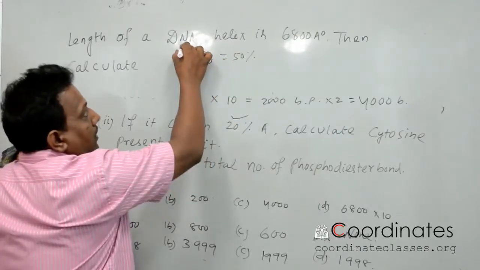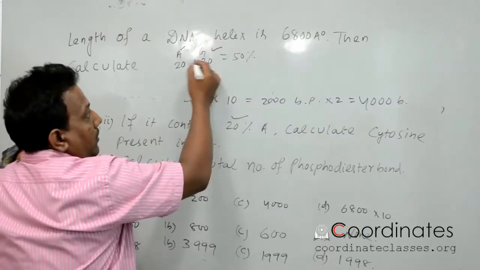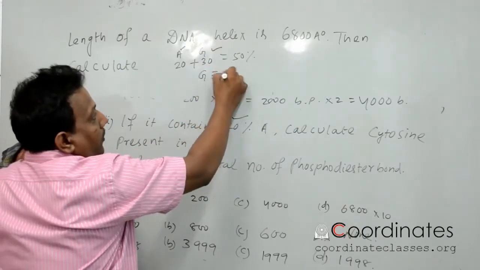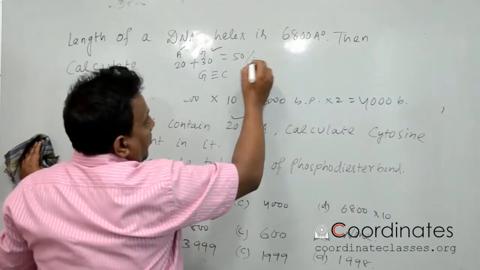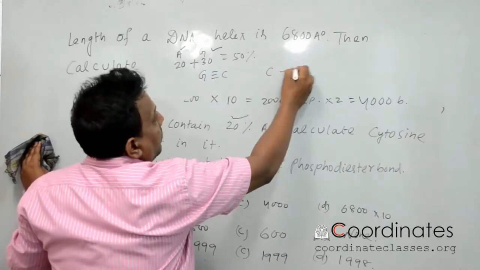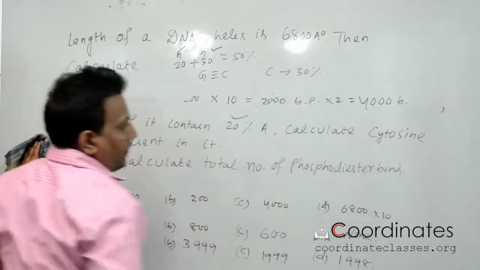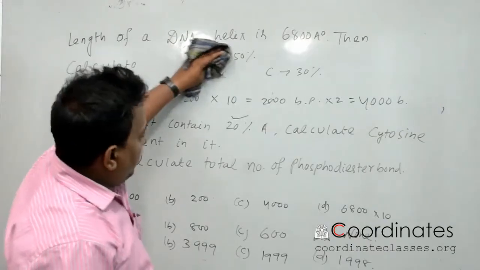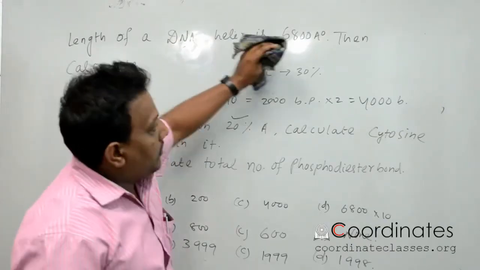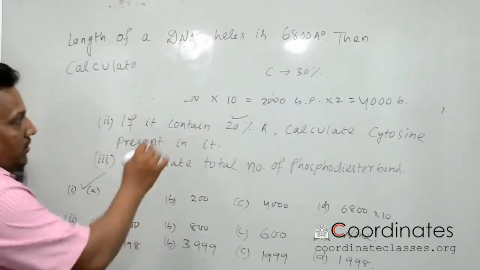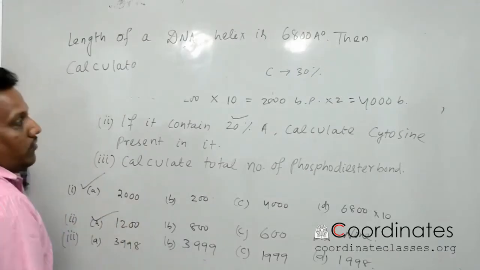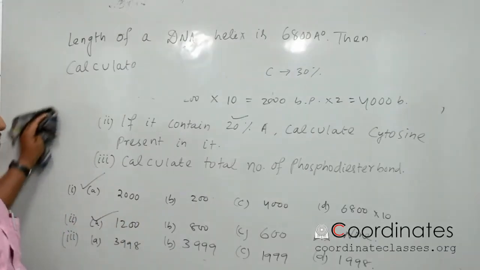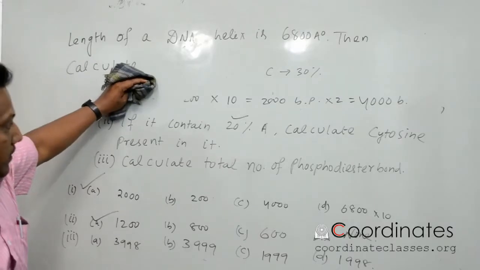It means adenine 20%, guanine 30%. Guanine forms a triple bond with cytosine, so cytosine will be 30%. The total number of bases is 4000 and its 30% is required. It is 1200. So the total number of cytosine will be 1200.